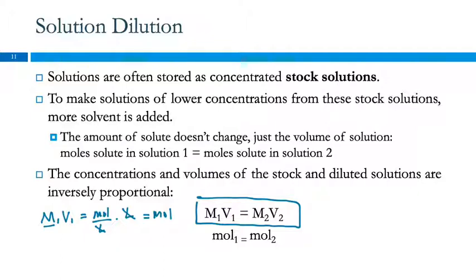And over here, M2V2, that's moles per liter times liter. Those liters cancel out. This is also moles. So the moles in each solution are the same. What's changing is the volume.